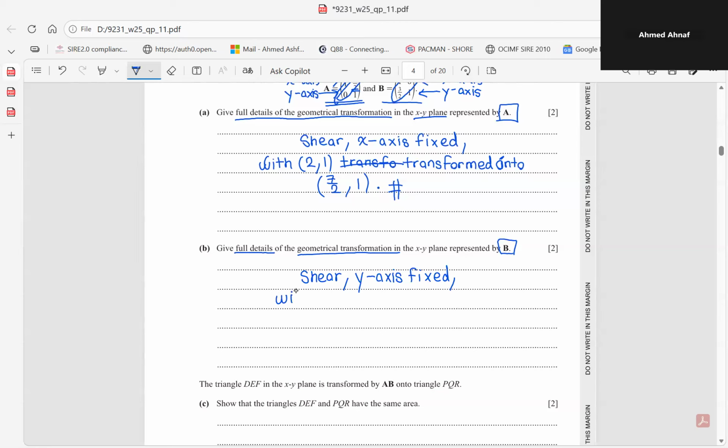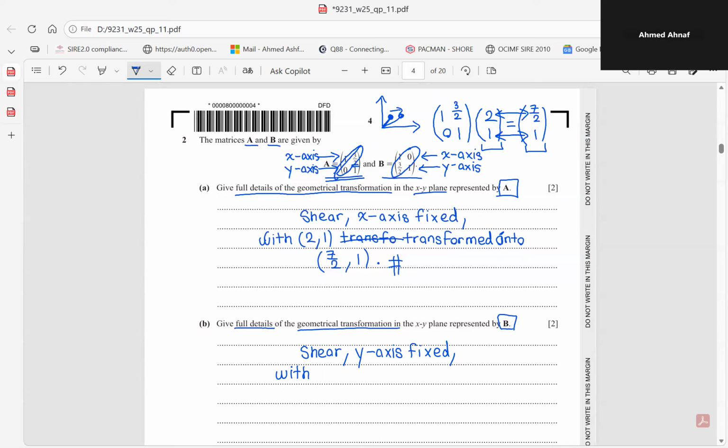Then you can write down the example of a point that is being transformed. Let's try with this. 1 times 2 plus 0 times 1, that is 2. And then 3 times 2 is 6, plus 1 times 1, that is 4.